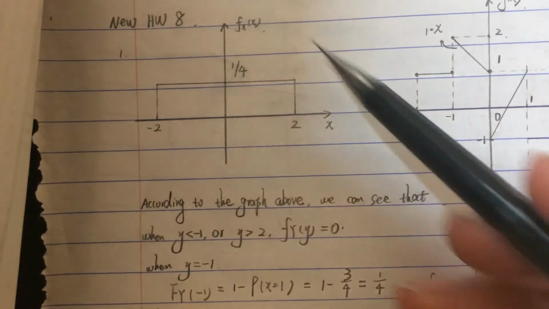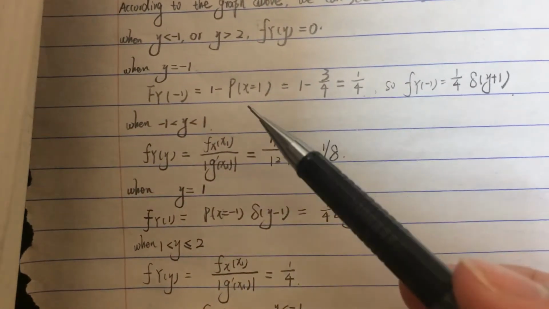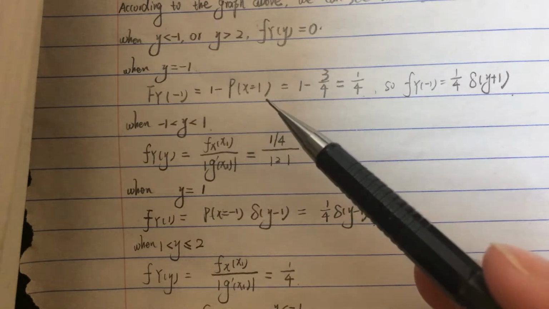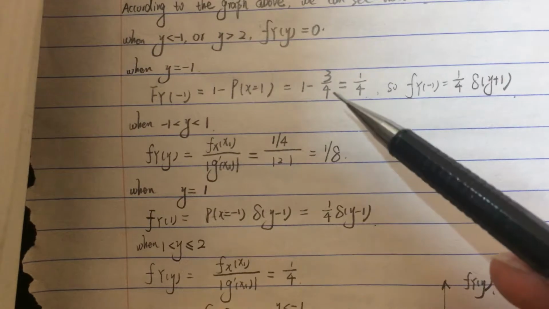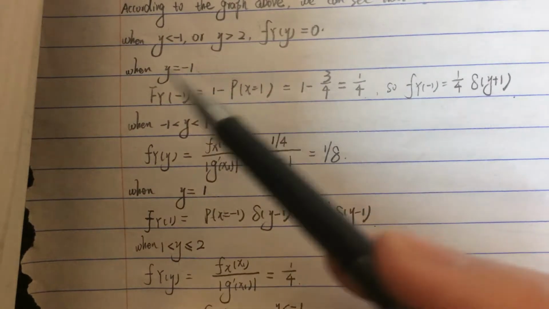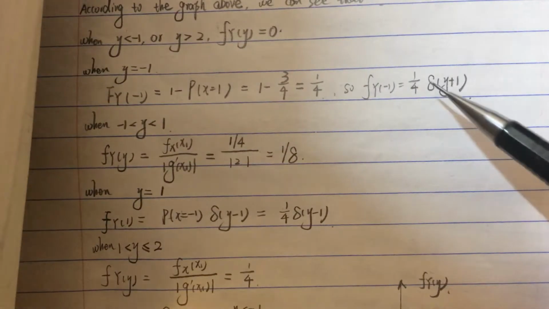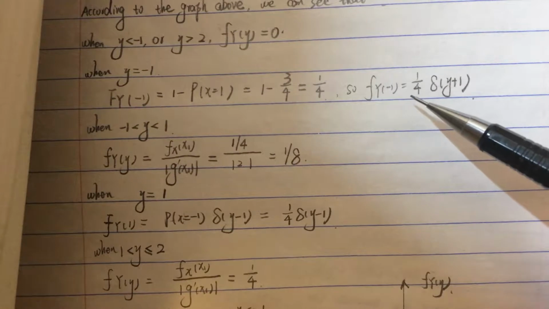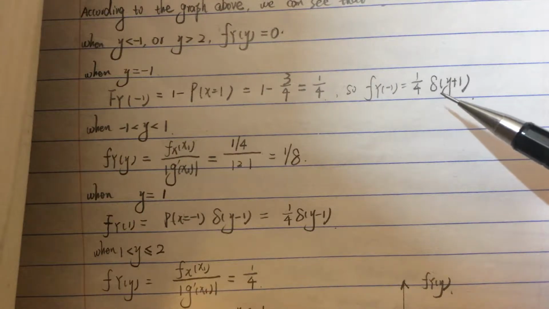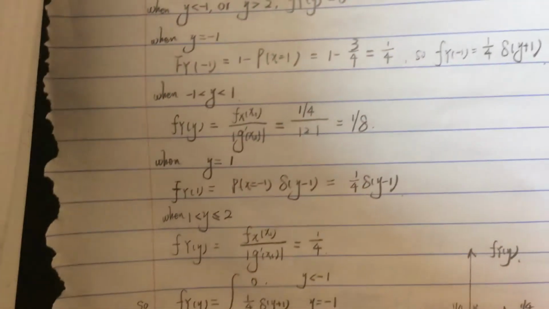And since this is the density function of f_X, we know that P(X equals 1) equals 3/4. So f_Y(-1) will equal 1/4. So f_Y(y) will equal 1/4 times delta(y plus 1).